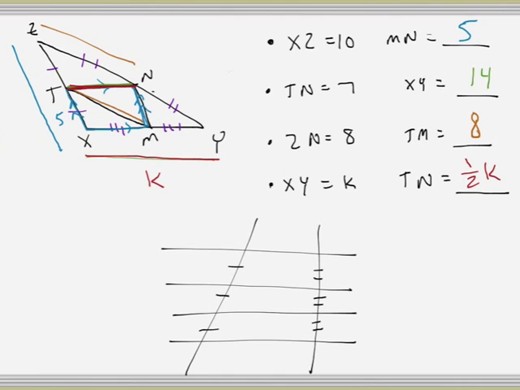So if I know that this little piece is 7, how big is it from A to B then? 21. Because each of those are the same length. According to the picture, they're each marked as the same. So 3 times 7 makes 21.